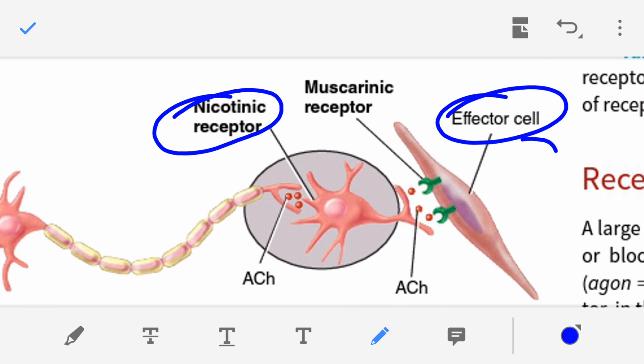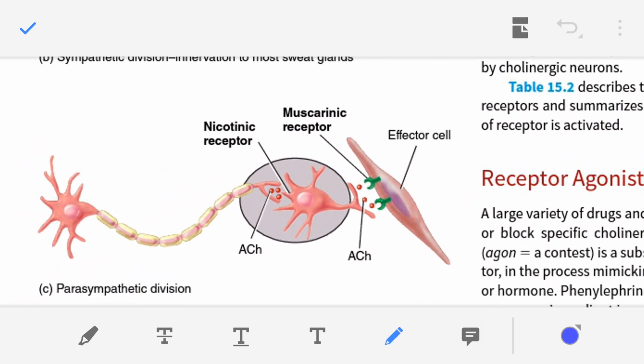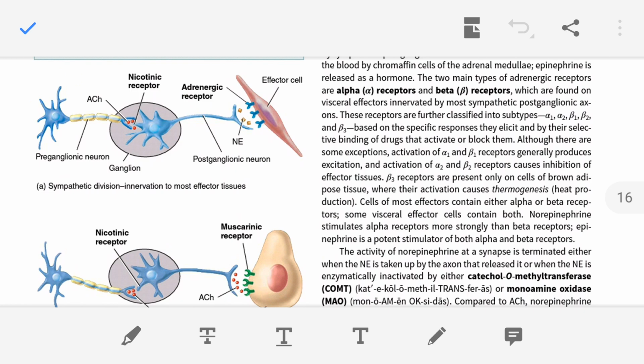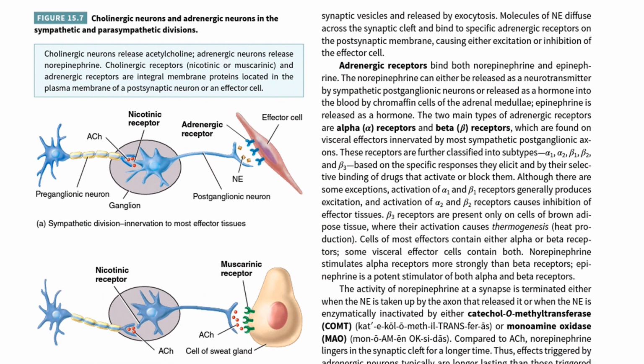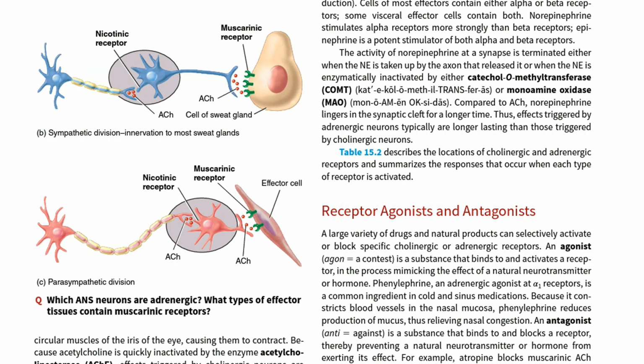This is the effector cell, and on the effector cell, muscarinic receptors. So this ACh joins with this muscarinic receptor. So in the parasympathetic division, ACh, acetylcholine, is the neurotransmitter. I'm showing you this entire figure.